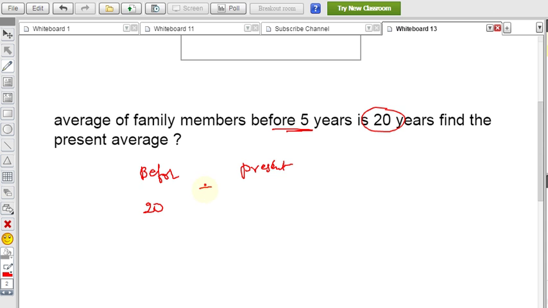Now the present is plus 5 years. So for every member the 5 years will be added, so similarly the average also should be increased by 5. So 20 plus 5 is equal to 25 years. So however much is increased for the family members, that much will increase for the average also.